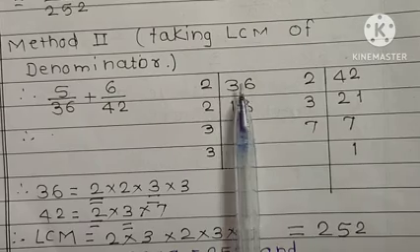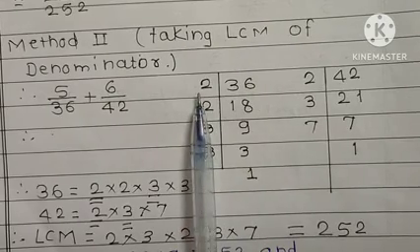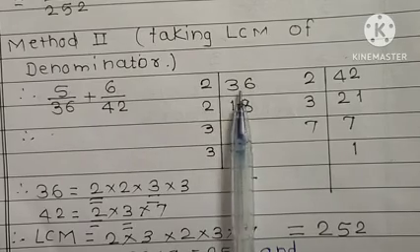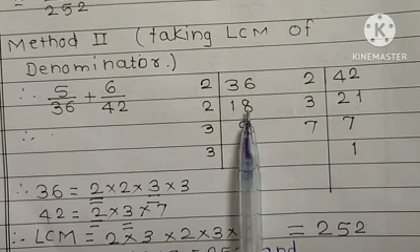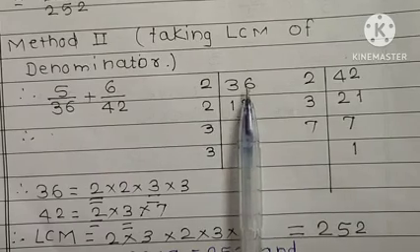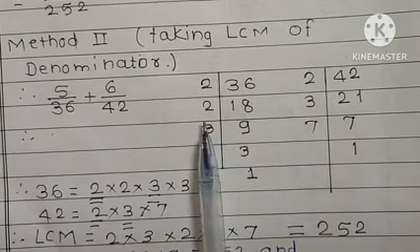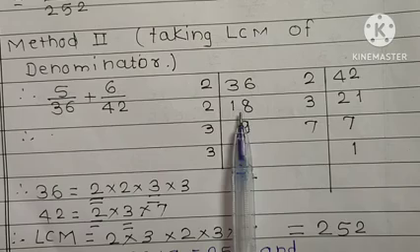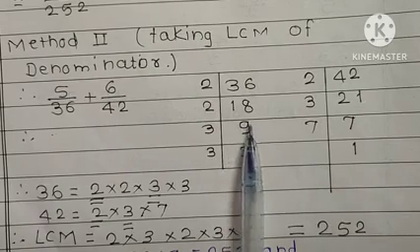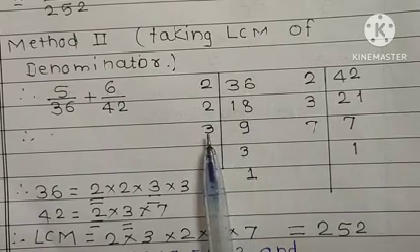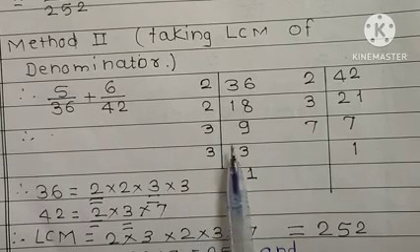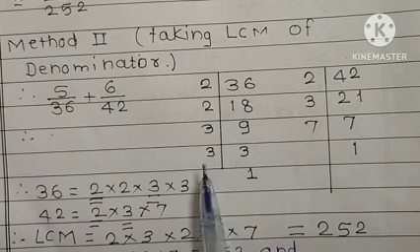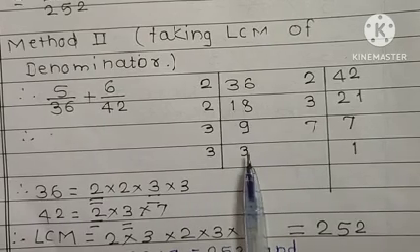Factors of 36: dividing by 2, 2 18s are 36. Then dividing by 2, 2 9s are 18. Now you can't divide 9 by 2. Then dividing by 3, 3 3s are 9. Again dividing by 3, 3 1s are 3.